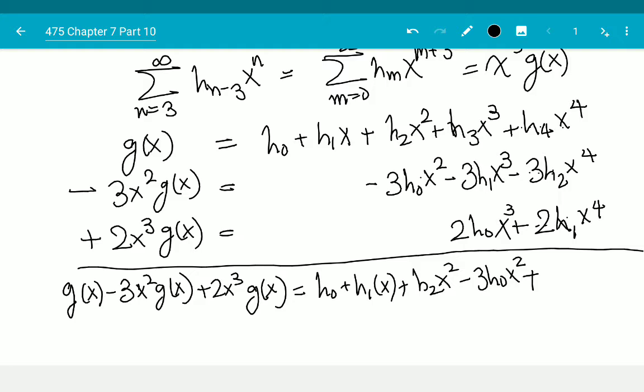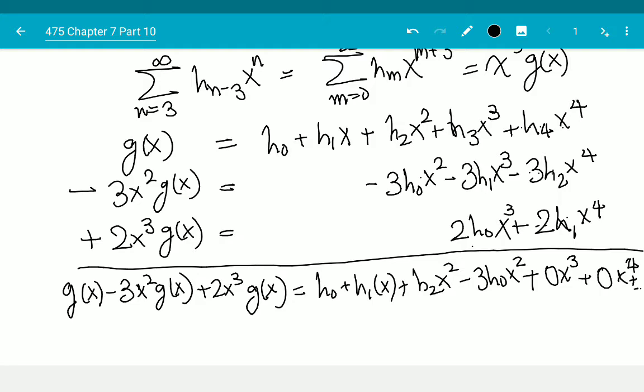By my recurrence relation, this is 0, and x to the 4 again by the same thing is 0, and so on. Everything after this becomes 0.